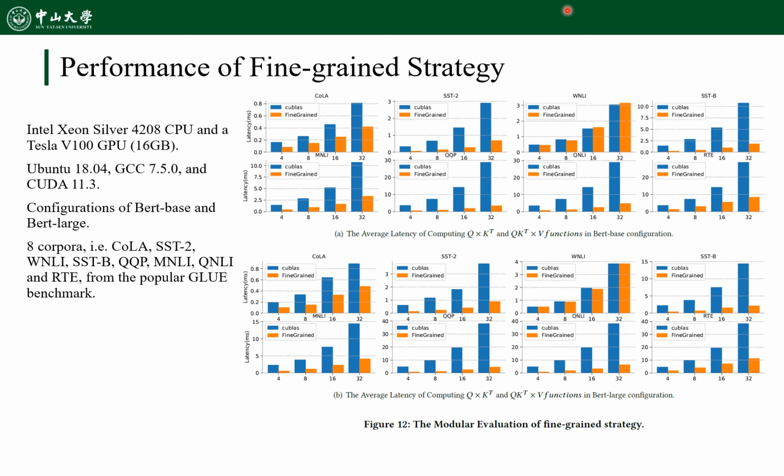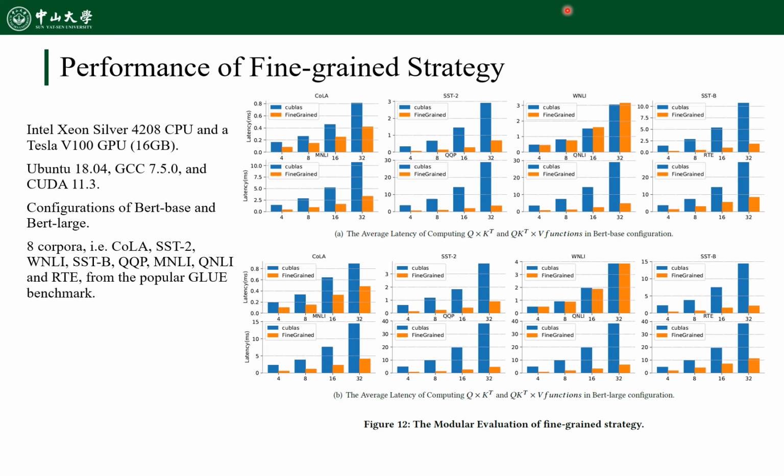Here the fixed length is the longest length to be padded in a corpus. As the fixed length doubles, the latency grows severely, for it is a quadratic relationship between sequence length and the computation amount. Moving on to our fine-grained kernels, the latency mainly depends on the average length of a corpus.